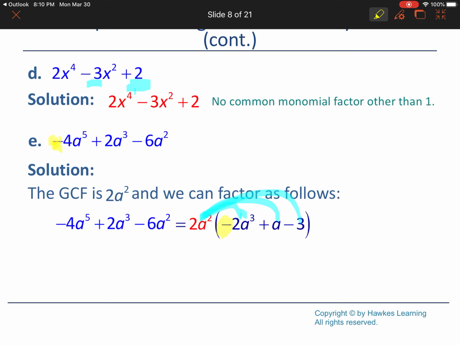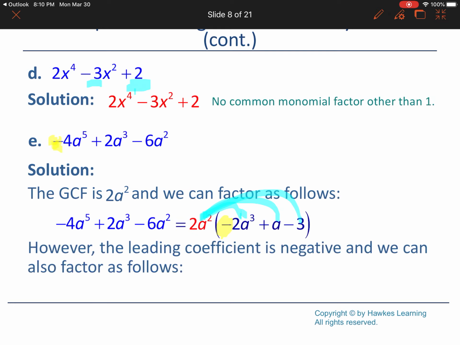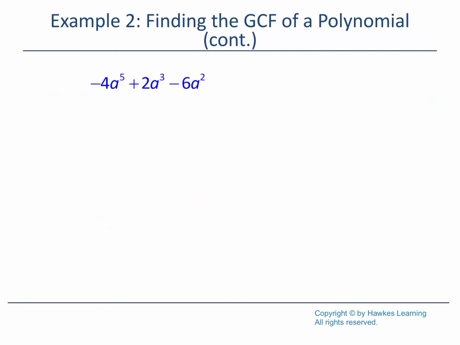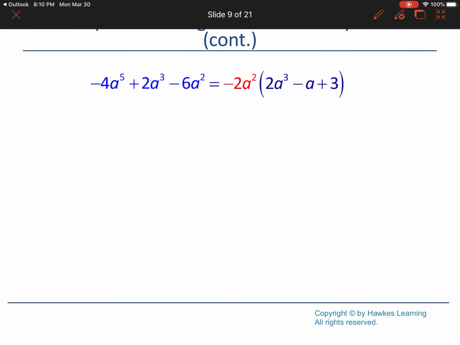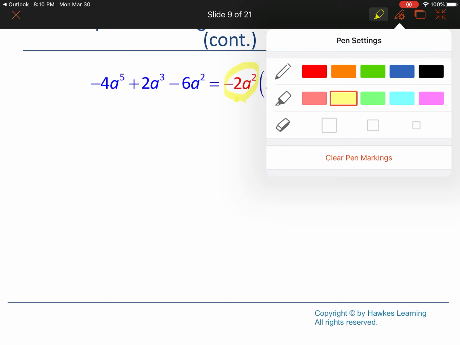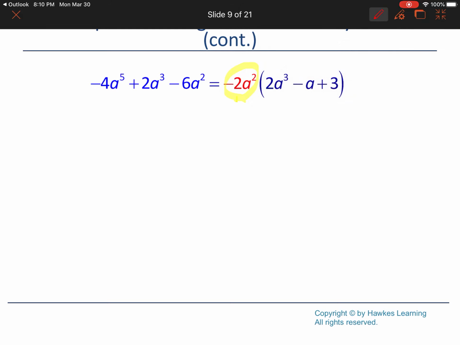It begins with this negative number. We really want to include the negative in the greatest common factor. Okay? So you could factor this like this, right? So instead of the greatest common factor being 2a squared, it's negative 2a squared.